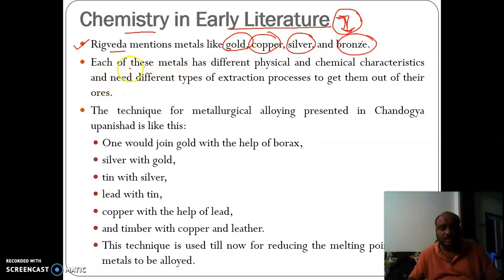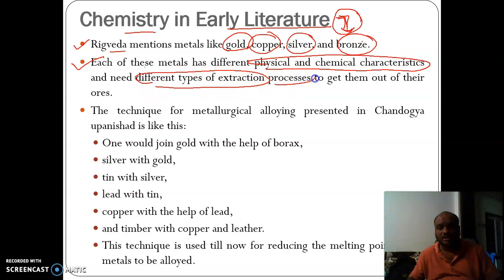These metals have different physical and chemical characteristics, and they require different types of extraction processes to get them out of their ores, like extracting iron from iron ore, or gold from its ore, or copper from its ore. All the processes are not identical.